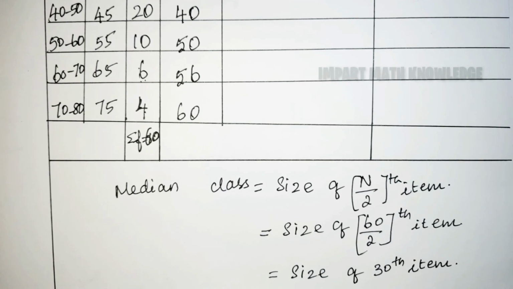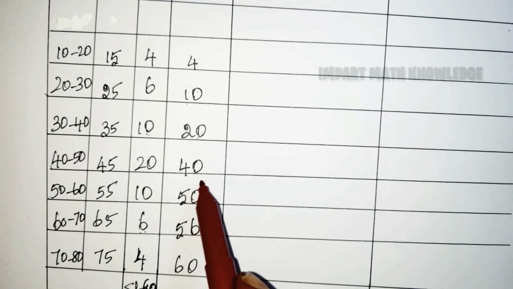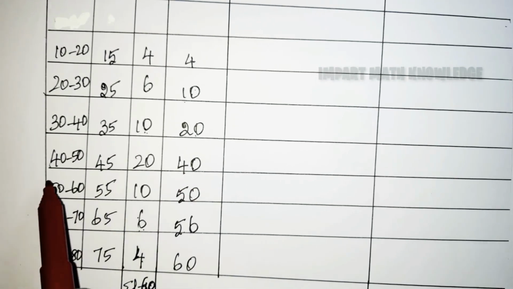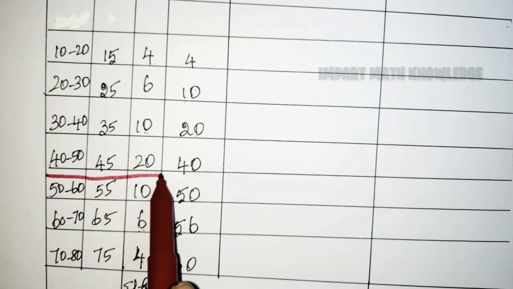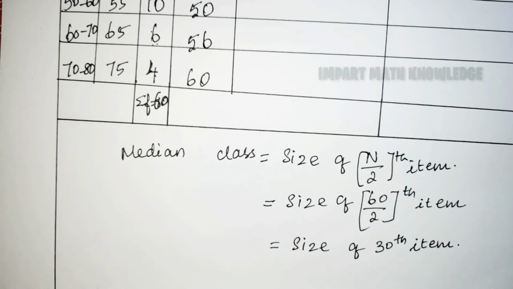Median class is equal to size of 30th item. In the cumulative frequency, 30 belongs to this category. So the corresponding class interval is the median class. Median class is equal to 40 to 50.